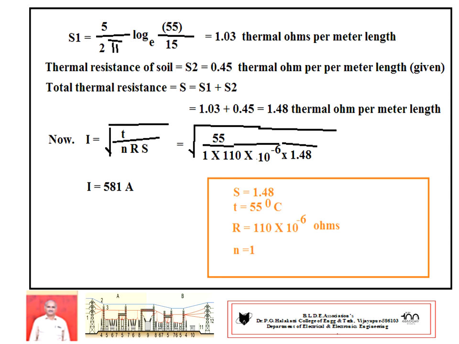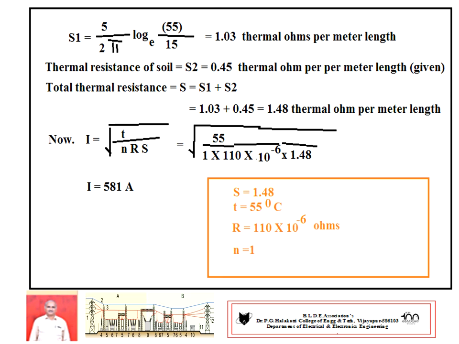Then we have to take the thermal resistance of the soil into account. You can call it S2; that value is given in the problem directly, 0.45 thermal ohms per meter length. Hence the total thermal resistance S equals S1 plus S2, which becomes 1.48.